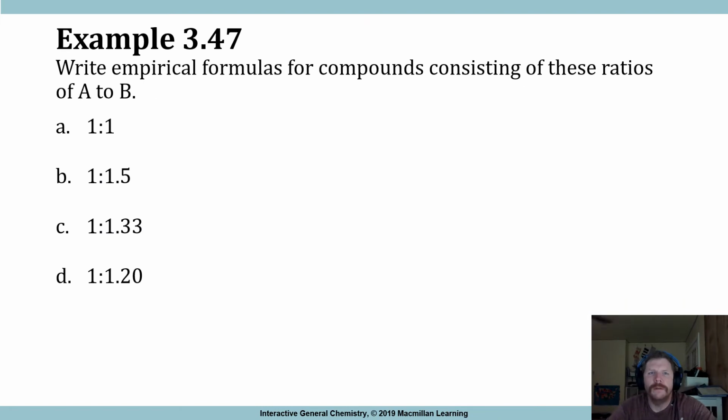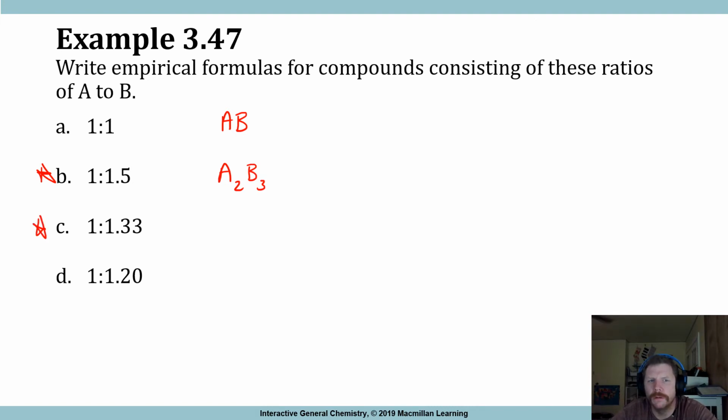Now, write empirical formulas for compounds consisting of these ratios of A to B. So what we have to do is look at these numbers and write the empirical formula, AB. Now here for question B, this is a 1 to 1.5 ratio, so we would have something like A2B3.